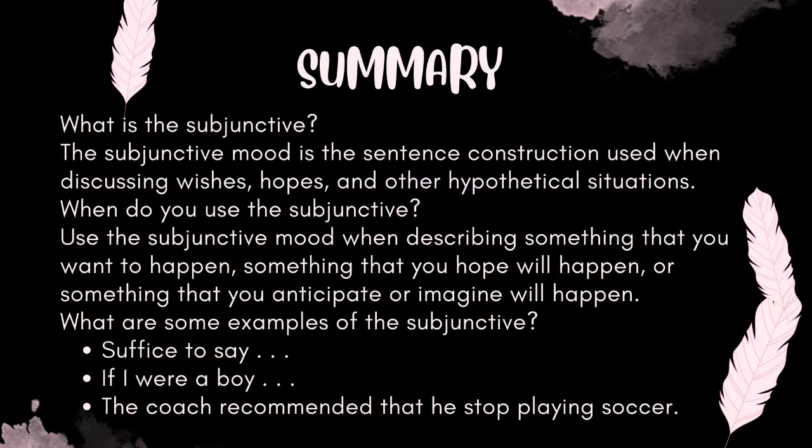Use the subjunctive mood when describing something that you want to happen, something that you hope will happen, or something that you anticipate or imagine will happen. What are some examples for the subjunctive? If I were a boy, the coach recommended that he stop playing soccer.